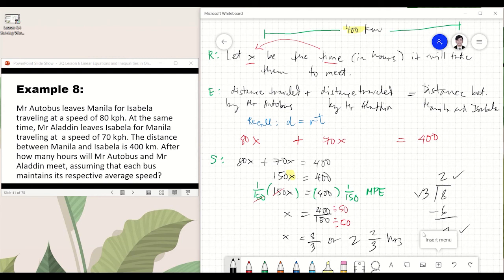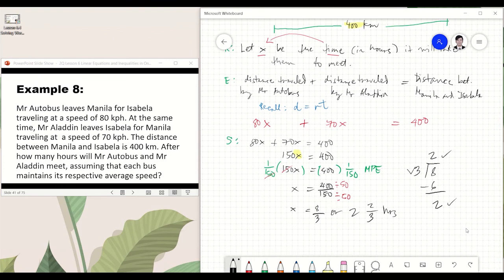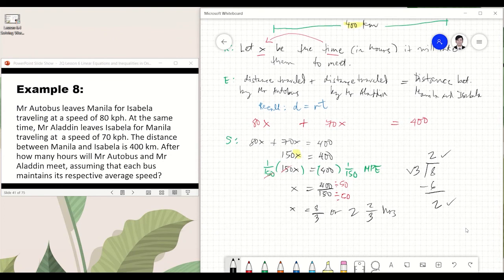So, before tayo mag-conclude na talagang magmi-meet up sila after 2 and 2/3 hours, magdo-double check tayo. Okay. So, take note, makukuha natin yung distance na makukover ni Mr. Autobus by multiplying its rate times the time that we got. So, instead of using the mixed number, gagamitin lang natin yung improper fraction natin.